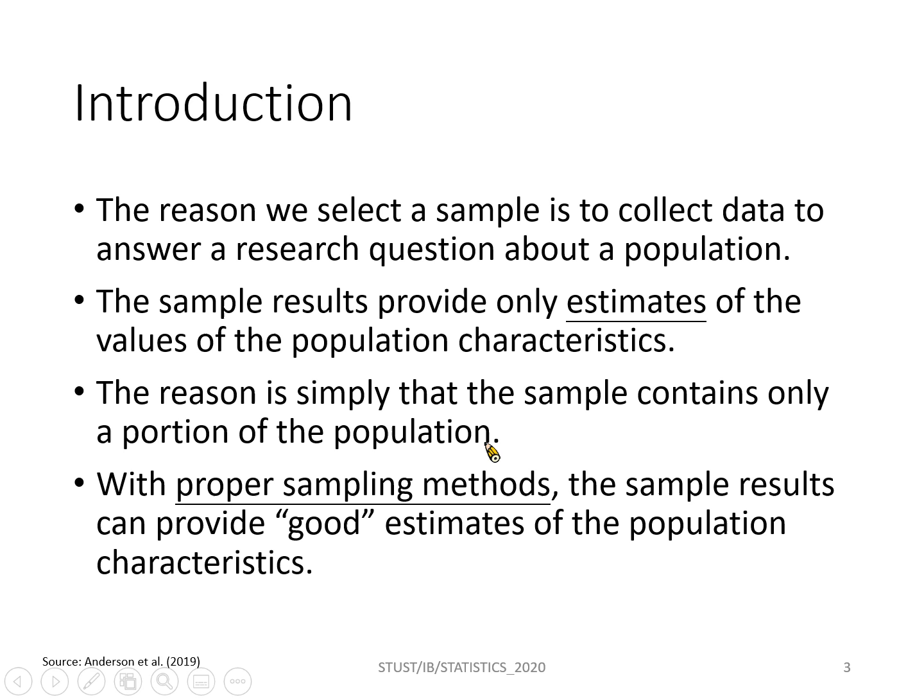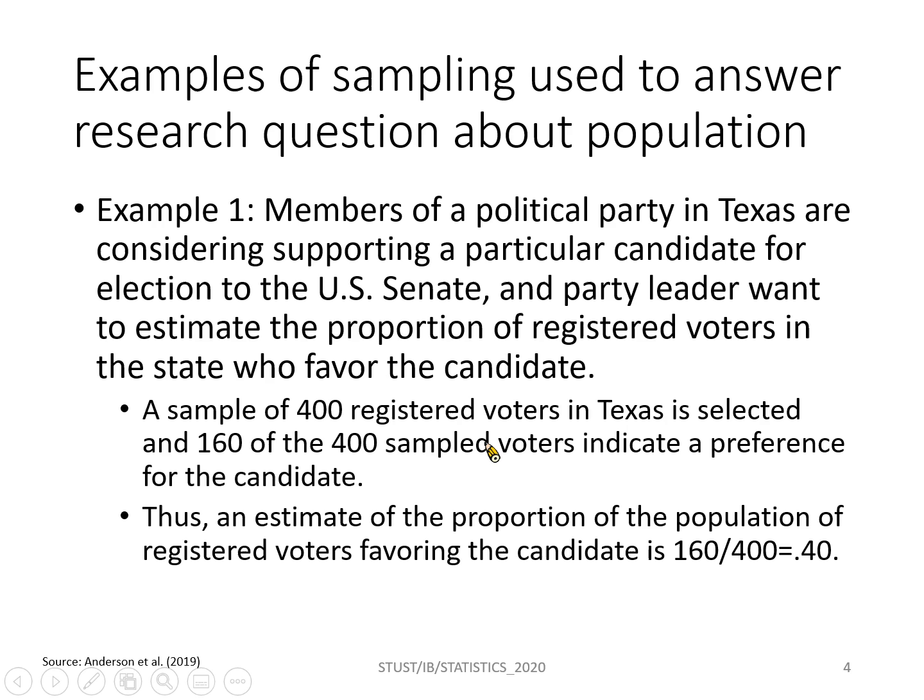So we use an estimation to know the whole picture of the midterm scores in STUST. With a proper sampling method, the sample result can provide a good estimate of the population characteristics.